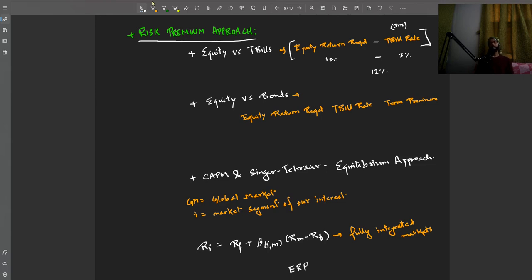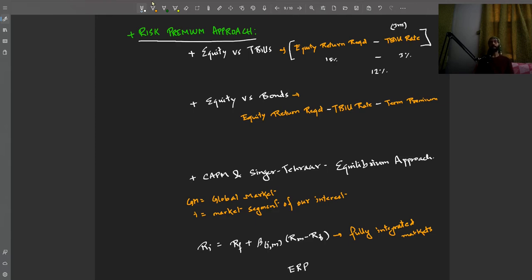Now let's say an investor wants to invest in equity for 5 years. The holding period is 5 years. Then what should be done? Then the appropriate way is matching the maturities. And one way to do that is subtracting the term premium from the previous equity risk premium additionally. So which means equity return required minus the T-bill rate minus the term premium.